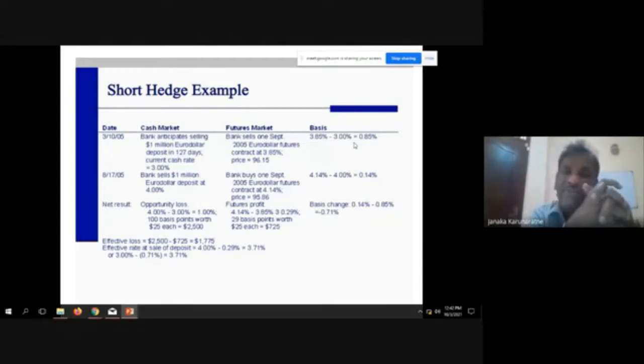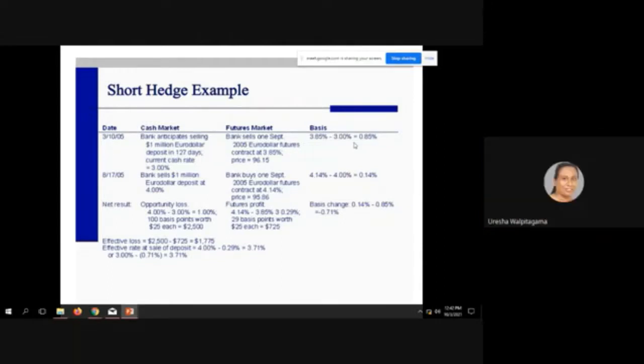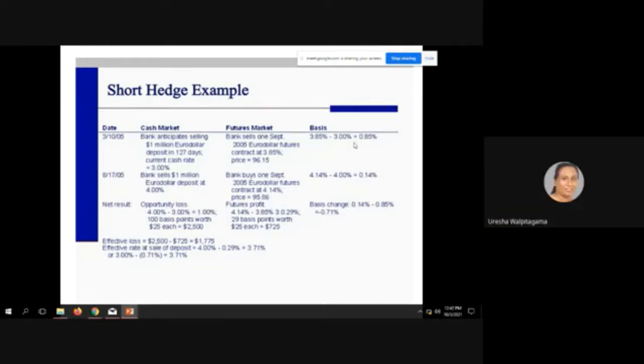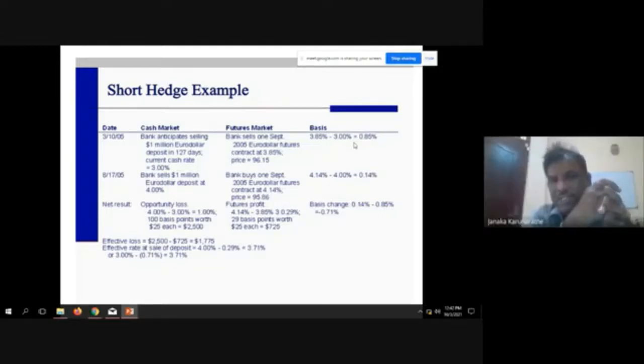It is purely on a demand and supply basis. That is a commodity hedging. So we will come to caps and floors towards the latter part. That is a different way of hedging the pricing.